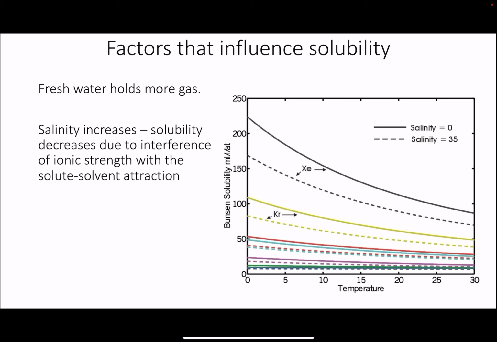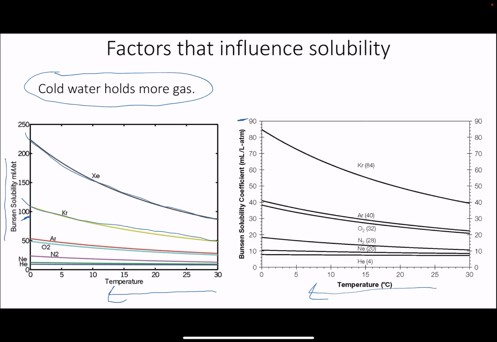The other thing that matters is salinity. And this is the other key here. Fresh water holds more gas. So actually, before I go on, let me explain a little bit about why this is. When the molecules in something warm are moving faster, they're bouncing around all over the place, and it doesn't leave a lot of space for any gas to come in and dissolve.